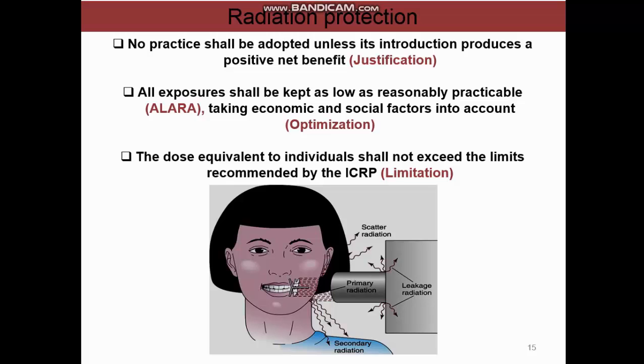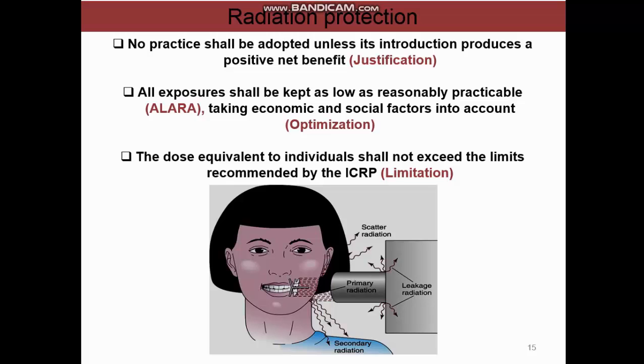We name this principle ALARA, taking economic and social factors into account, optimization. And the dose equivalent to individuals shall not exceed the limits recommended by the International Commission on Radiological Protection. We name it limitation.